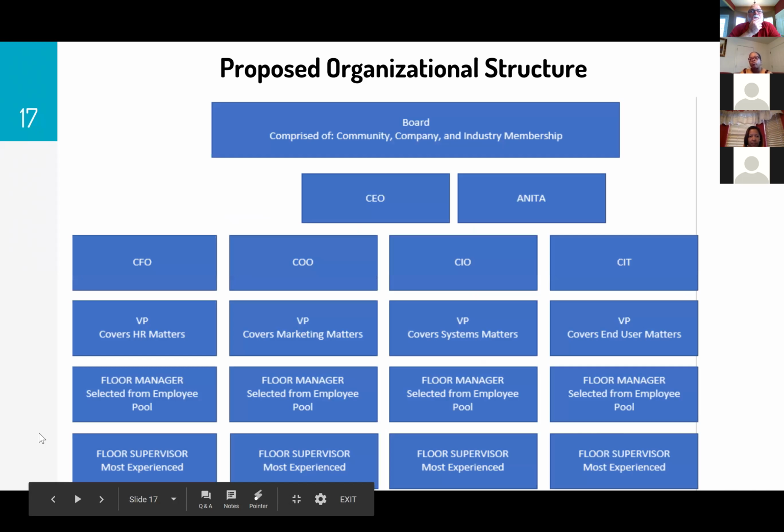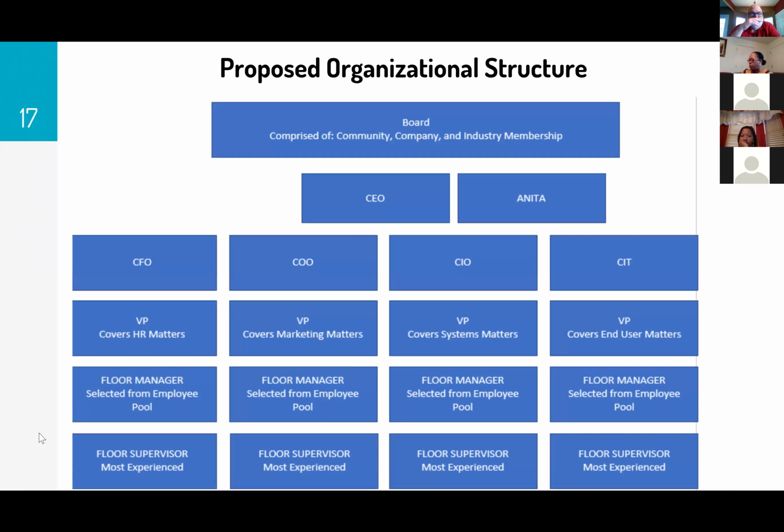So what we've created as a team was a proposed organizational structure that we wanted to present or recommend, starting with considering a board that would comprise community members, the company or organization, as well as industry membership. Having the CEO, of course, right under the board.